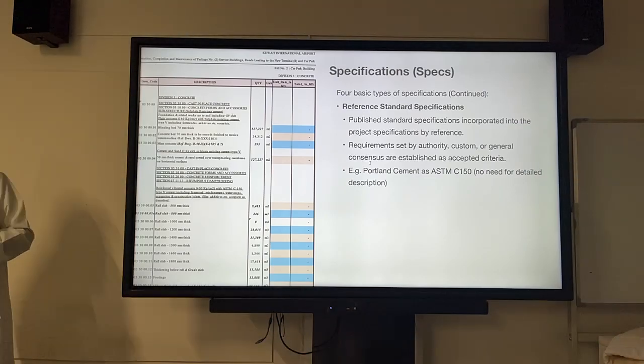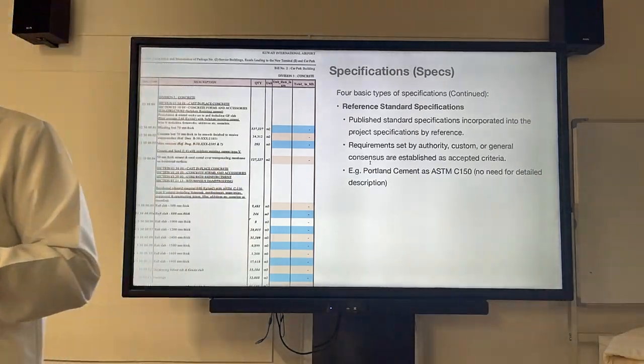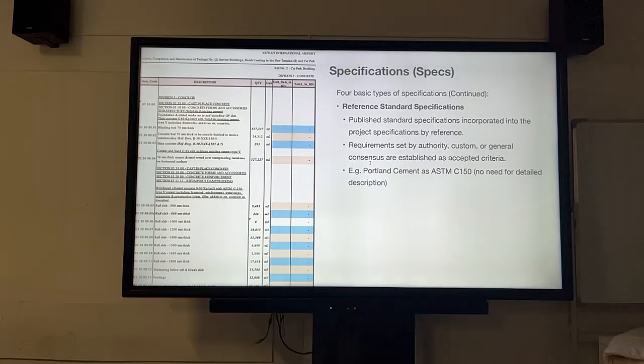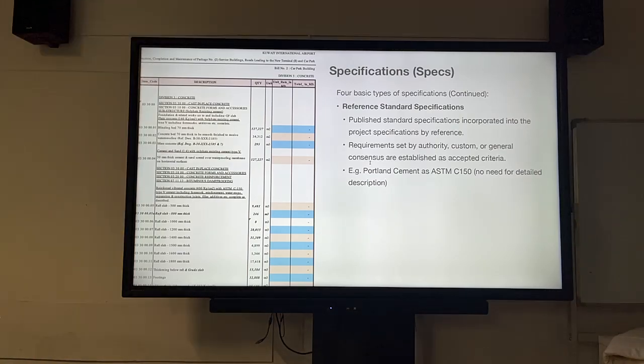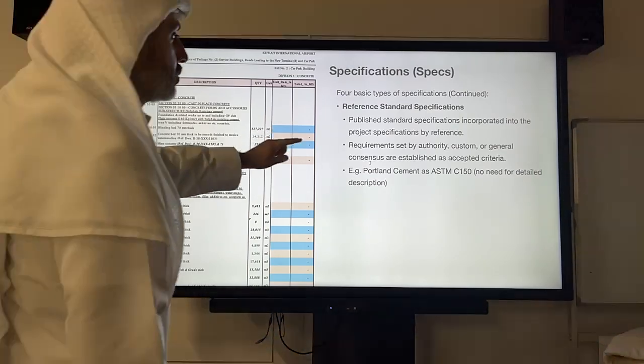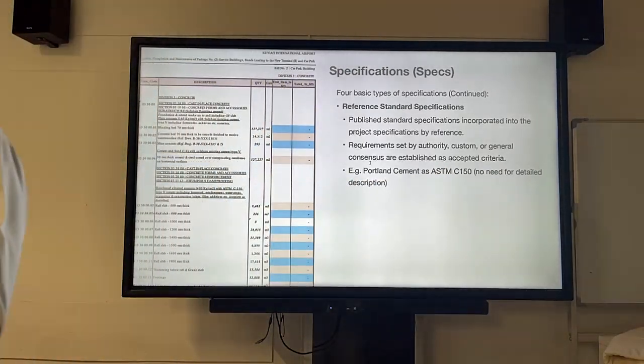Lastly, there's a reference standard specification. There are general industry standards already set for certain things. I don't, for example, every time I say Portland cement, write all the details of the cement. It's already known worldwide. You know, when I say Portland cement, I'm usually talking about ASTM C150, and that's the reference that I will use.